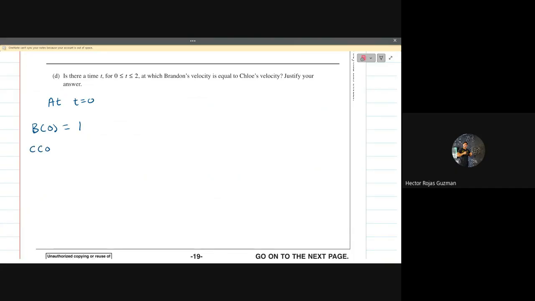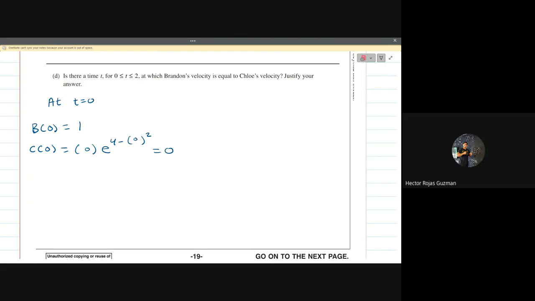And for Chloe's velocity, I'm going to have to calculate it. I'm going to have to use the equation t times e to the power of 4 minus t squared. And that's where I can plug in my 0. So Chloe's velocity happens to be 0.